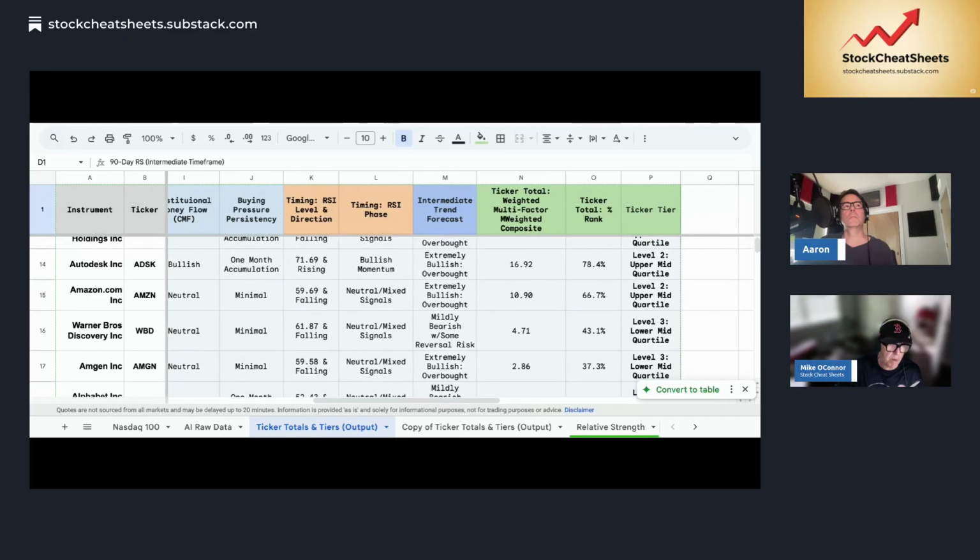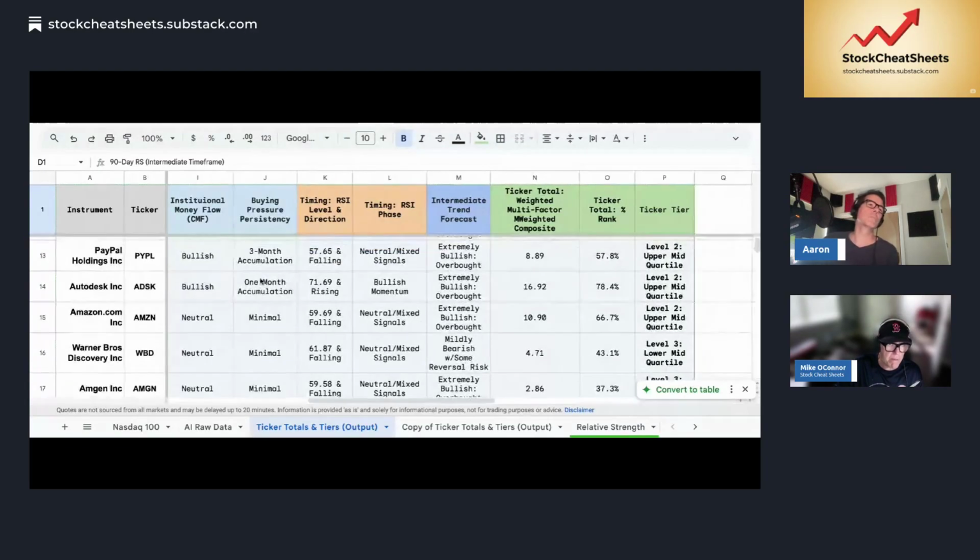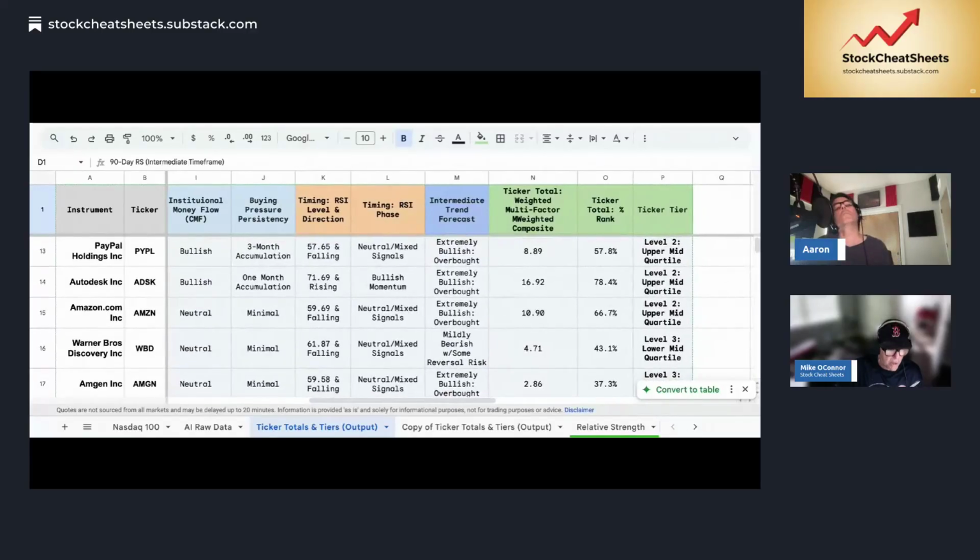The spot money flow is bullish, and it's been that way for about a month. If you have 3 months, meaning your Chaikin money flow at the spot, and I think we use the 40-day look back, so the last 8 weeks, we call that 3 month accumulation.